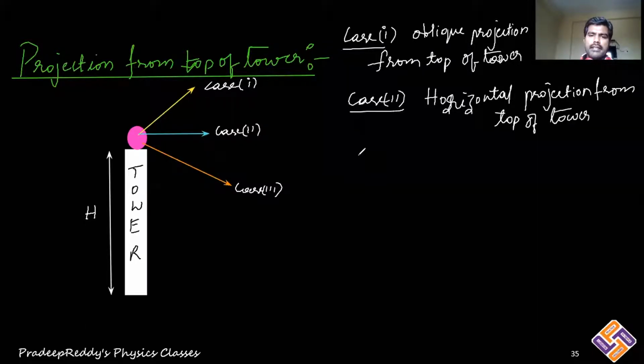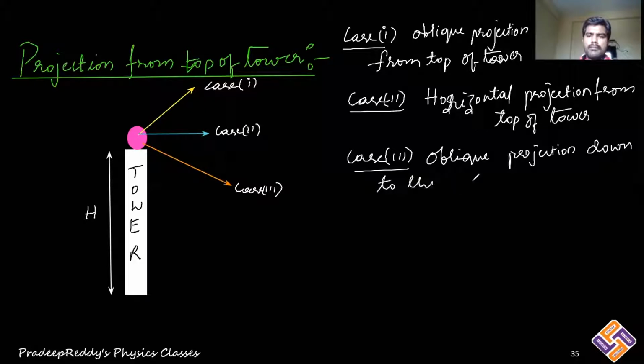And case 3 is called downward projection, or you can take it as oblique projection down to the horizontal from top of the tower.